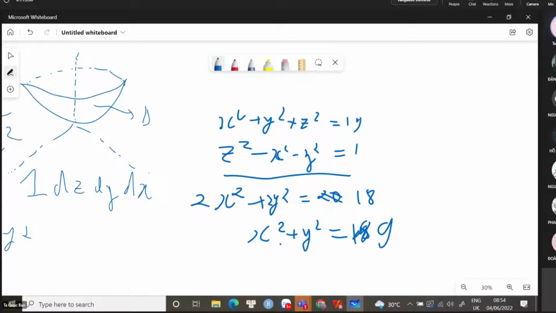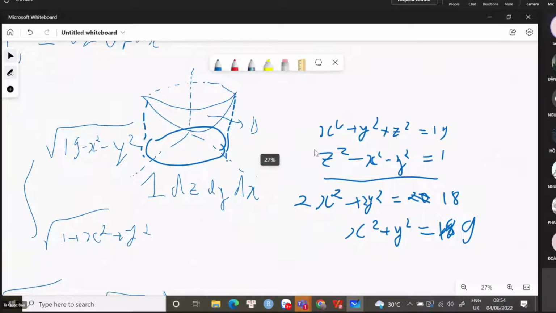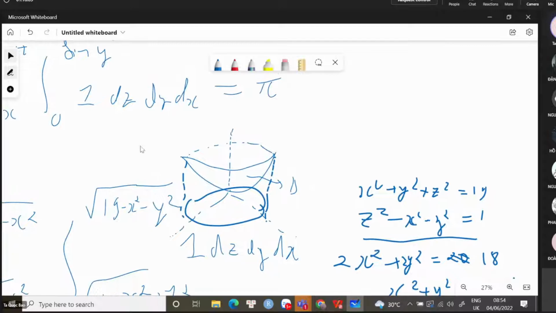Therefore you can see when you project this here, then you get this circle. Okay, this circle. Therefore, that's why x is from -3 to 3 here.